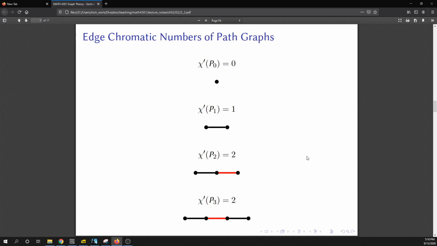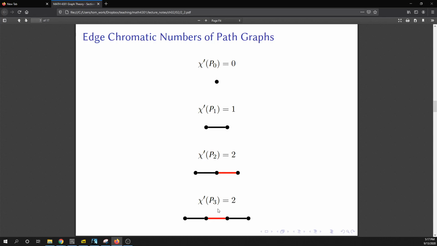All right, let's take a look at some of the particular classes of graphs that we've looked at. First, the path graphs, and their edge chromatic number. P0 has no edges, so you don't need any colors. P1, you just need one color. P2, you need 2 colors, and there's no way that you could do that with one color and get a proper edge coloring.